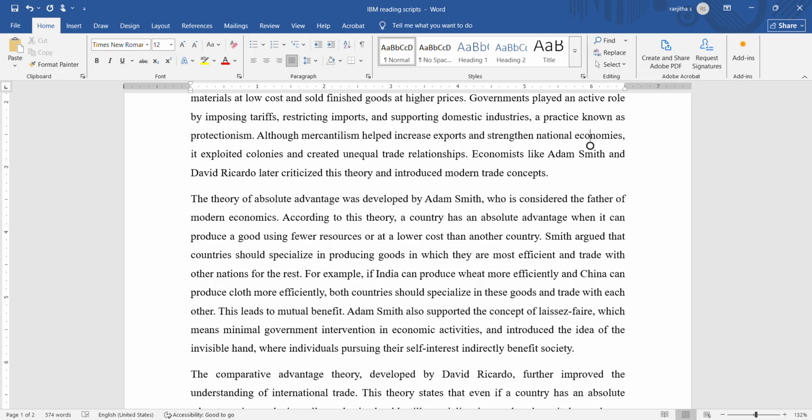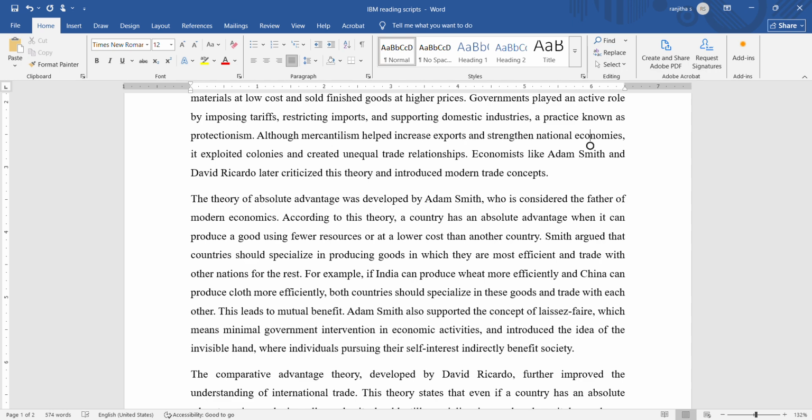Here, I would like to explain with an example. If India can produce wheat more efficiently and China can produce cloth more efficiently, both countries should specialize in these goods and trade with each other. This leads to mutual benefit.